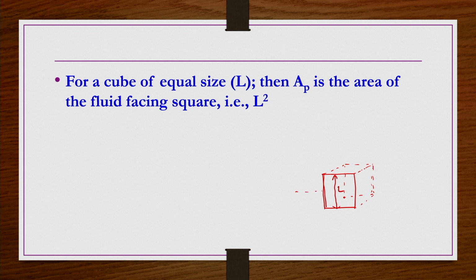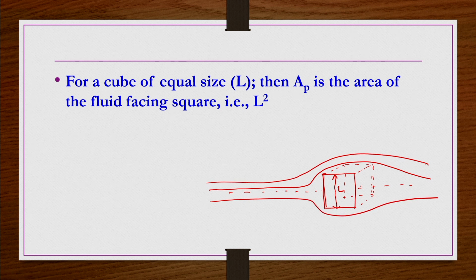Now the fluid is coming something like this here and then going like this. When it comes, depending on the flow conditions, the streamlines will take form after the geometry like this. But here again, if you see from the fluid side, you see a kind of square of side L. So, the projected area for a cube of equal size L is the area of the fluid-facing square, that is L square.